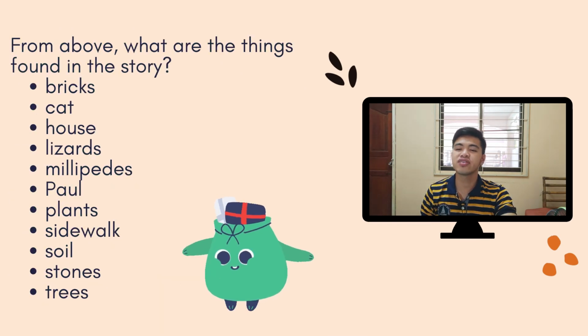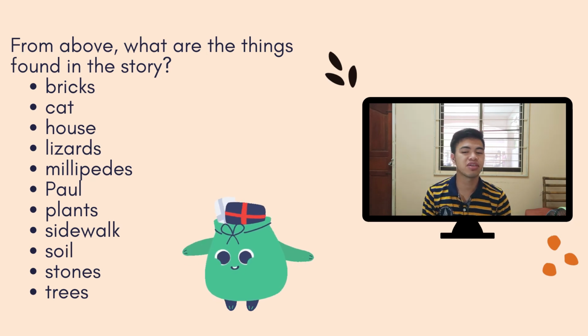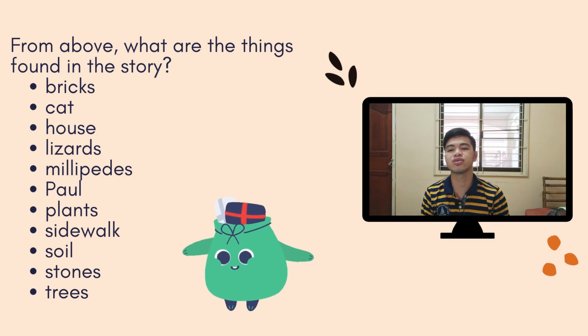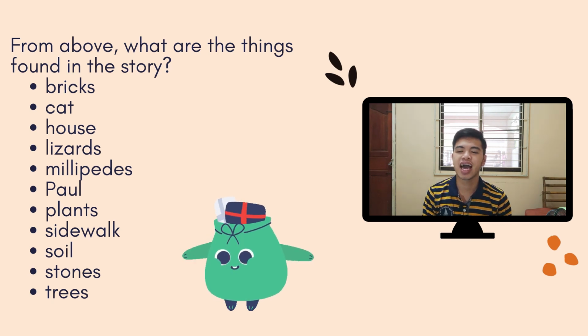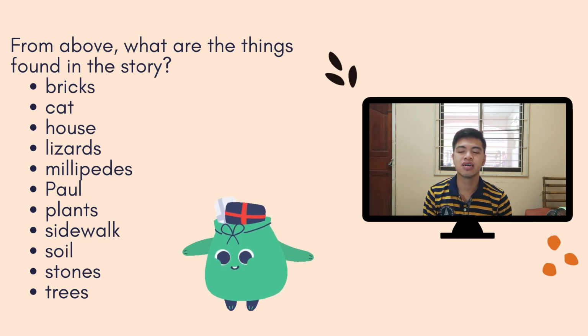So here we're going to have an activity. Okay, there's a question in here. From above, or from the story, what are the things that we found? So here we have the bricks, the cat, the house, the lizards, the millipedes, Paul, plants, sidewalk, soil, stones, and trees.